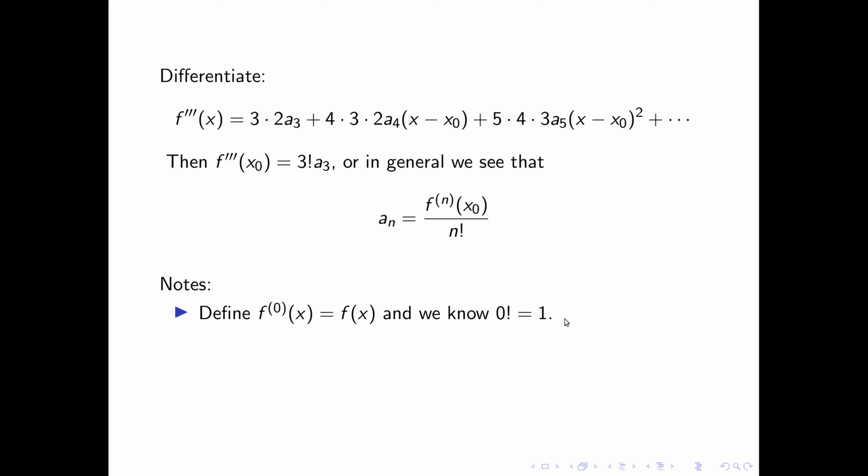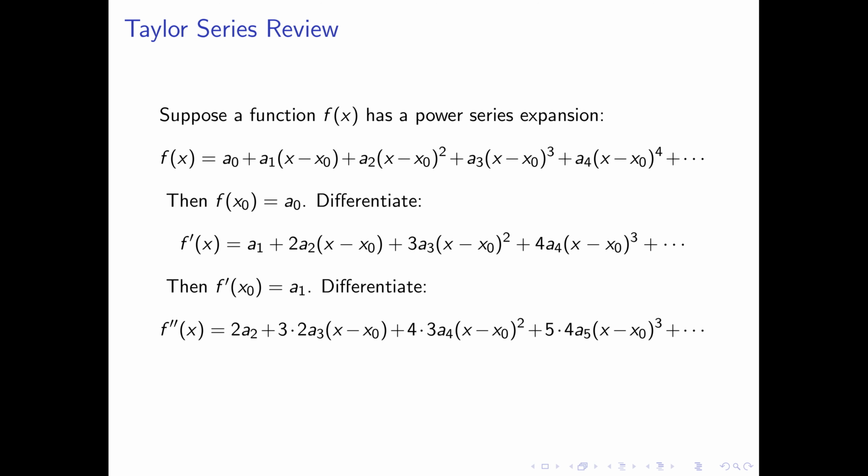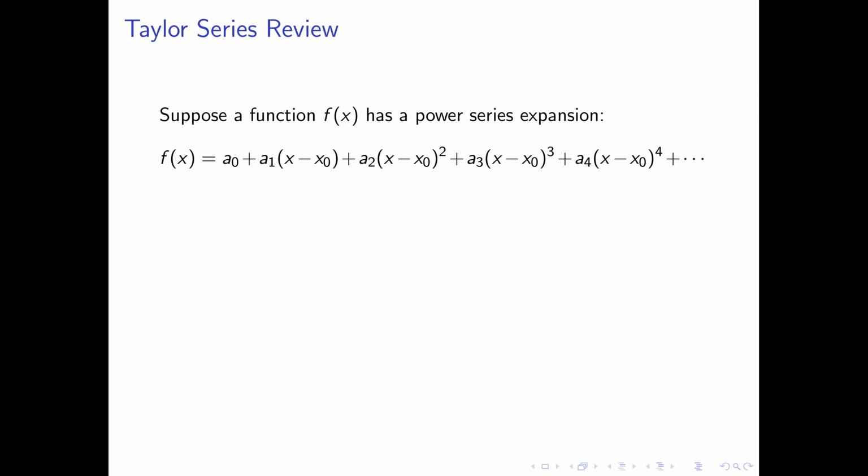Okay, so now we remember that we assumed that f of x has a power series representation. Well, does every function have a power series representation? In fact, let me go back there. This is what we assumed, right? We assumed that I could write f of x this way. The trouble is that not every function can be written this way.